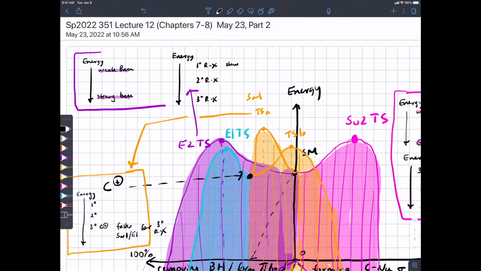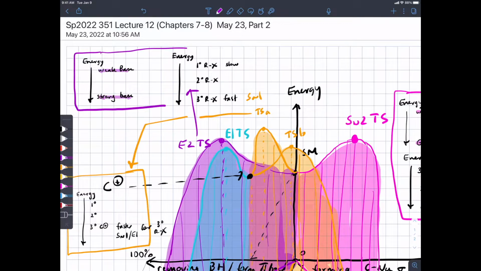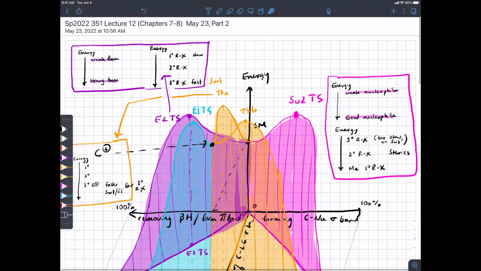This has to do with the stability of the alkene, the pi bond that is forming in the E2 product, and we'll talk about that in greater detail. You don't need to worry about that too much. But this is what experiment has told us, that E2 is fast for a tertiary alkyl halide, whereas it's slow for a primary alkyl halide. Okay?